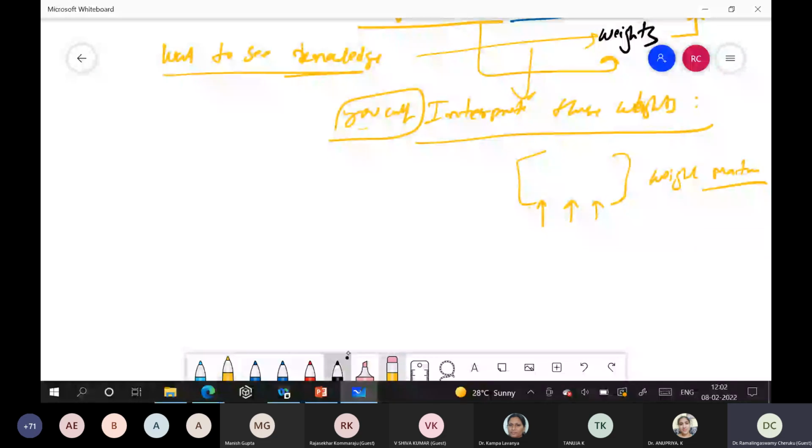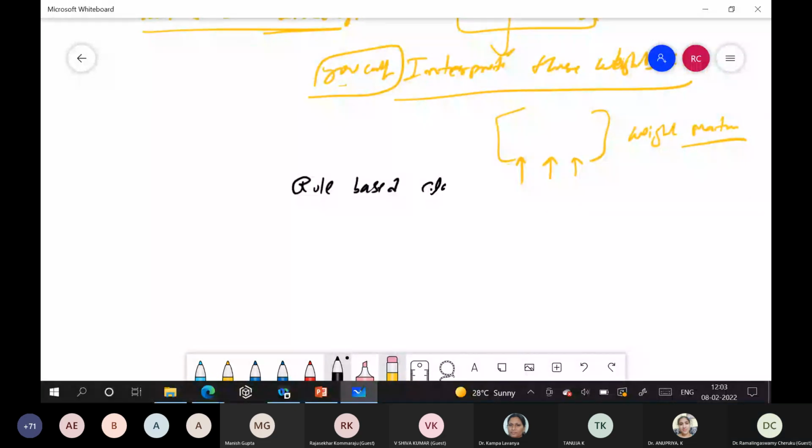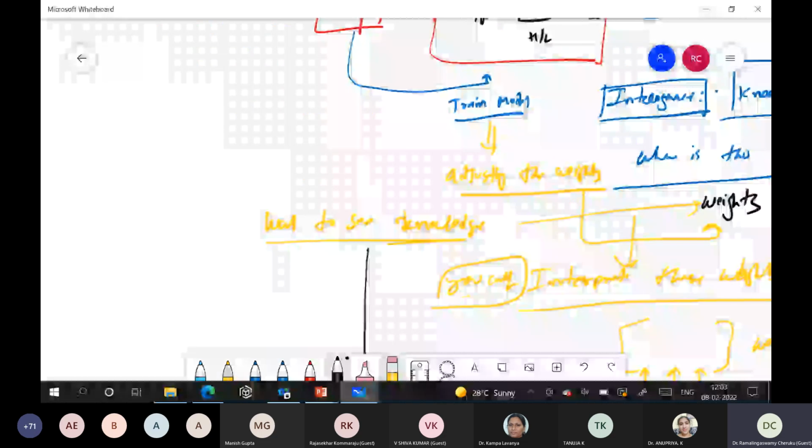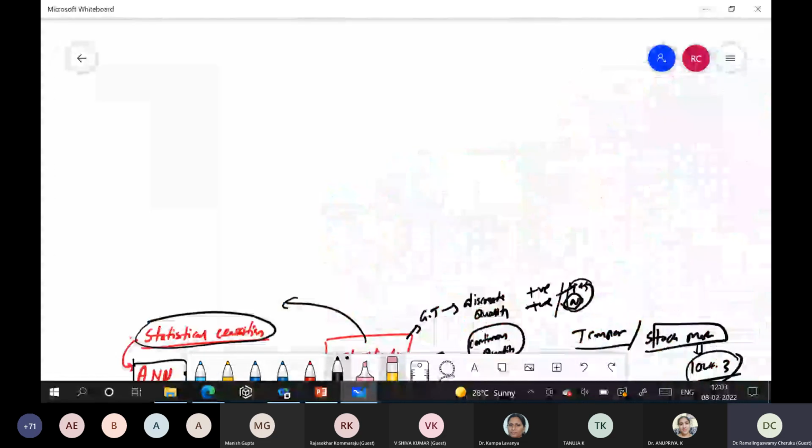That is the reason people started using rule-based classification algorithms, called rule-based classifiers. So this is a problem in ANN-based classifiers.